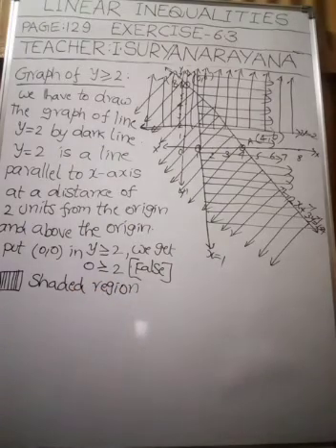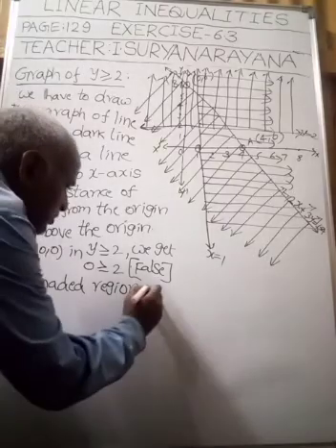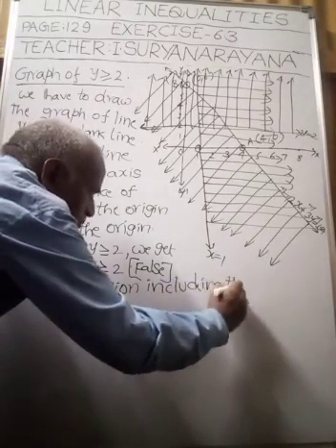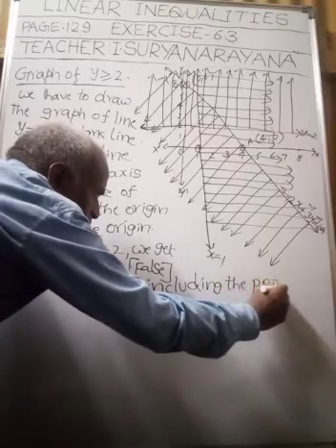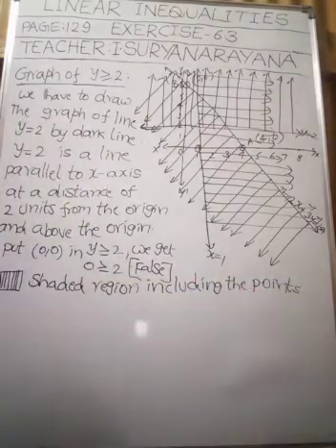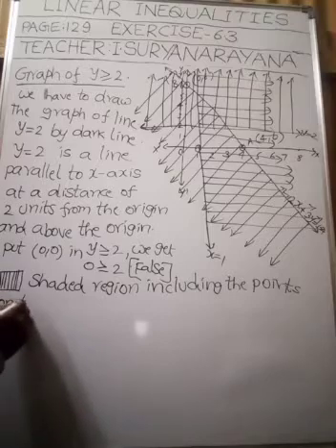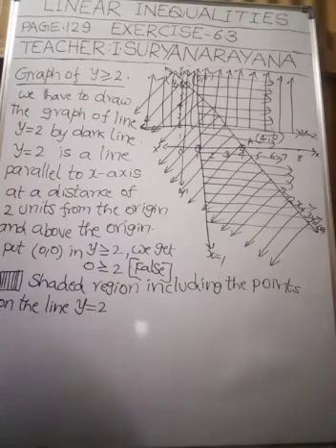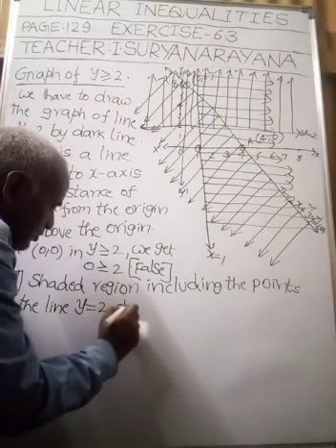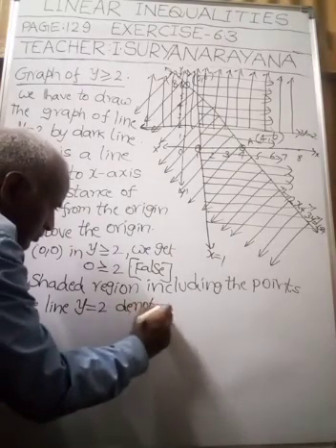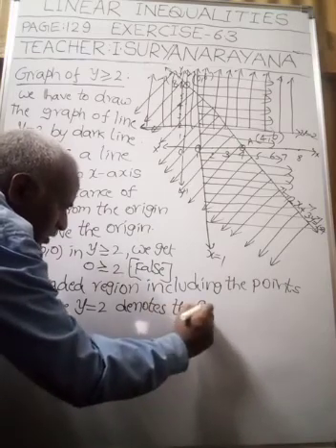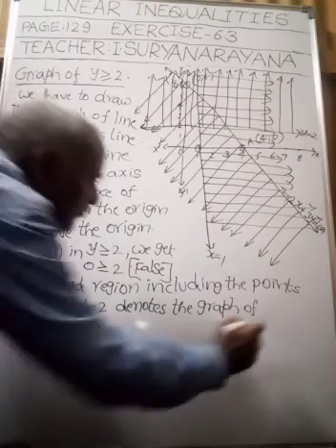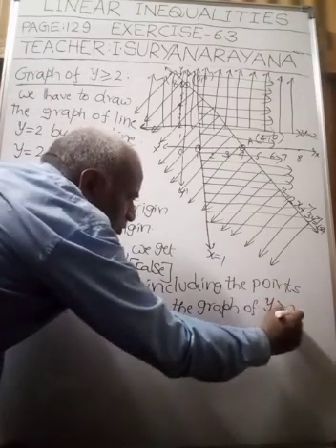Vertical lines shaded region, including the points on the line y is equal to 2, denotes the graph of y greater than or equal to 2.